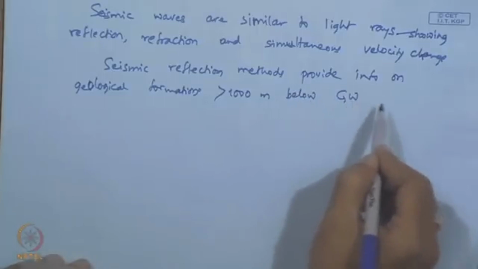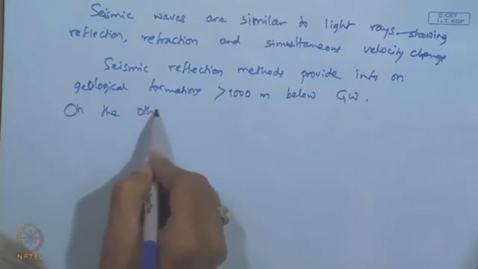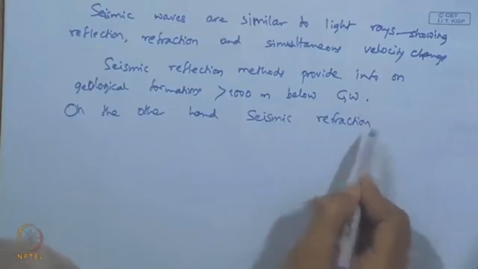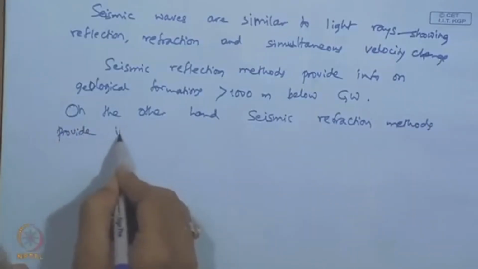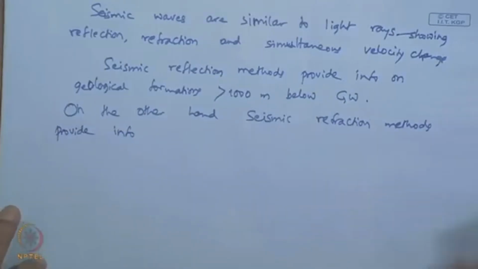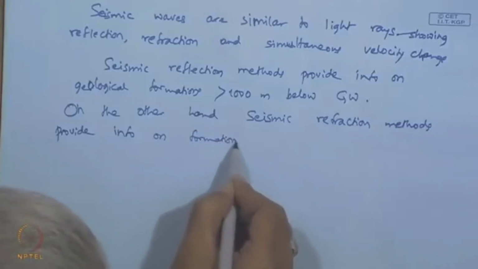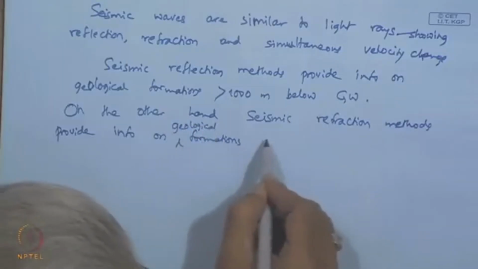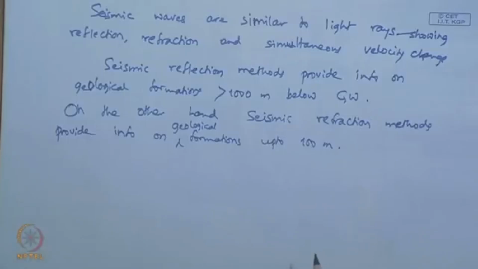On the other hand, seismic refraction methods provide information on geological formations say up to 100 meters, and the characteristic seismic velocities.